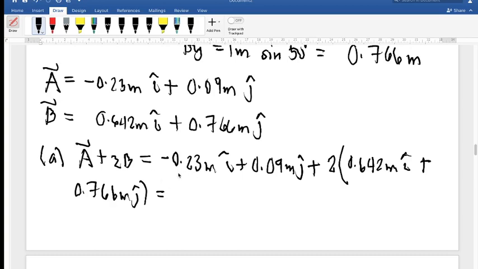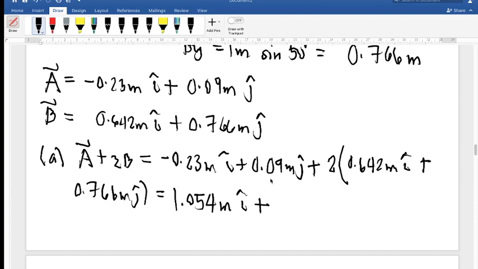We just have to add two like vectors. So we have negative 0.23 plus, I will just put a 2 here, okay? So here we have 2 times 0.642. Okay, so we have 1.054 meters i hat. Again, how about your j hat?